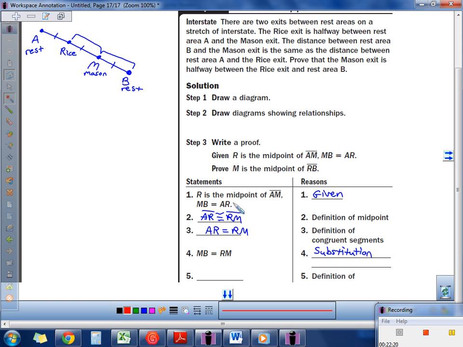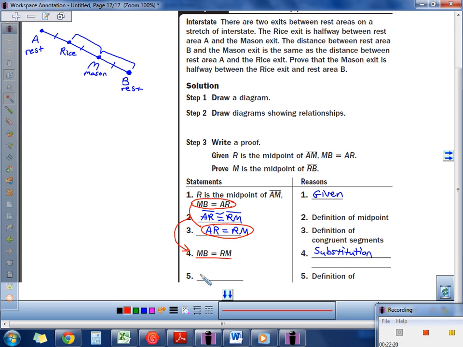This should look familiar, and this should look familiar. How do they go from these two to that? Yeah, they replace something. Anywhere I see an MB, I can replace it with an AR. Or anywhere I see an AR, I can replace it with an RM. That's exactly what they do. They found an AR, which is right here, and replaced it with an RM. That's how they got this. That's substitution. They replaced one thing with another.